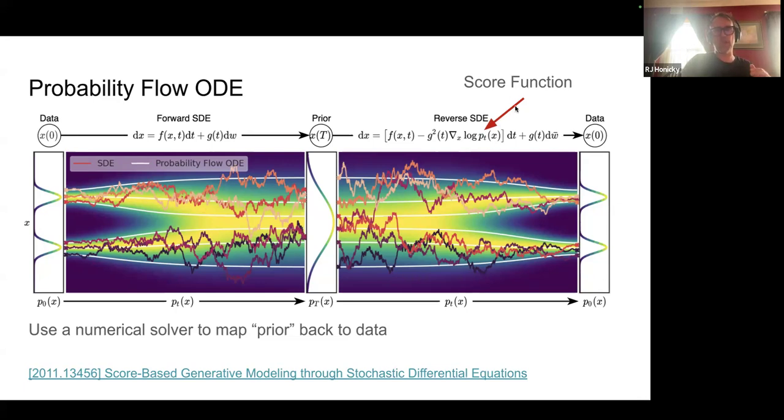We don't have to really understand it right now, or not too much ever in this talk, but the score function is more or less the mathematical mechanism by which the reverse diffusion can happen.